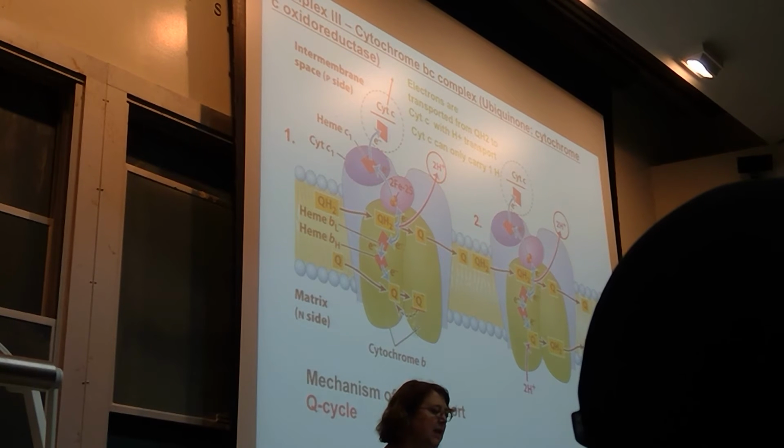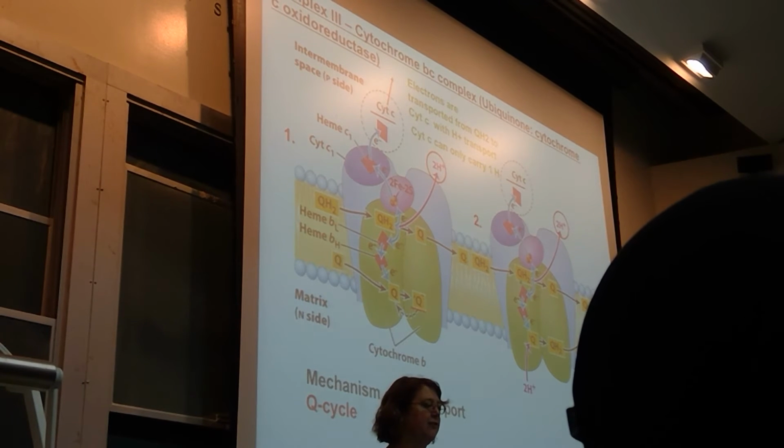It can then go into that same spot, so now it's residing here. It can take another electron. Hydrogens are also coming in, but it can take another electron from QH2, so the second QH2 is coming in, and it's then fully reduced. So one more electron makes it QH2, and now that's really diffusible.